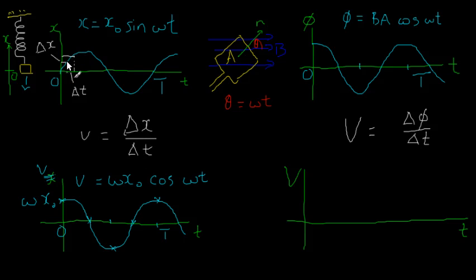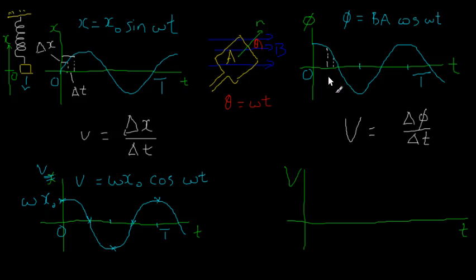In the same way, the ratio of change of flux over time is just the gradient on the flux time graph.